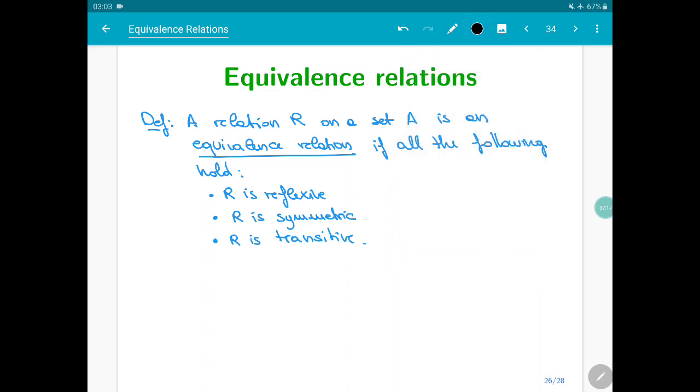So the easiest example, the trivial example, is given by the identity relation.